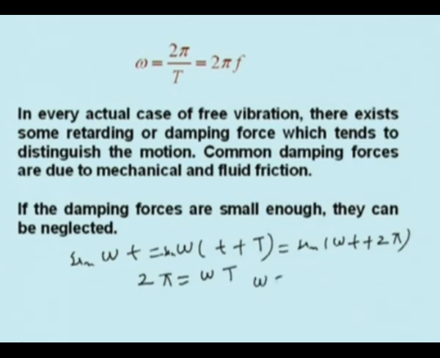Therefore, omega is equal to 2 pi by T. 1 by T is called the frequency. Therefore, this can be written as 2 pi f.